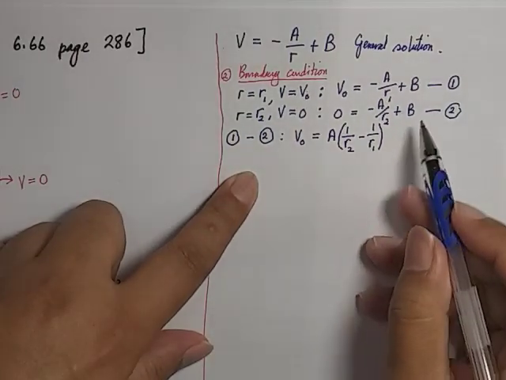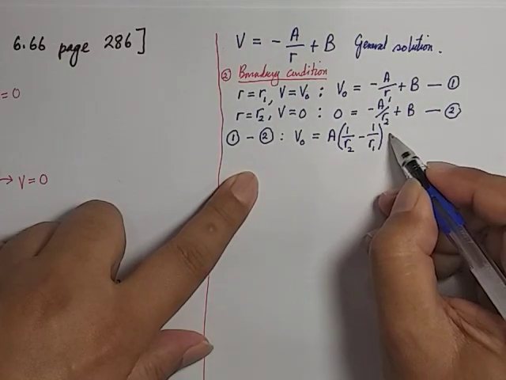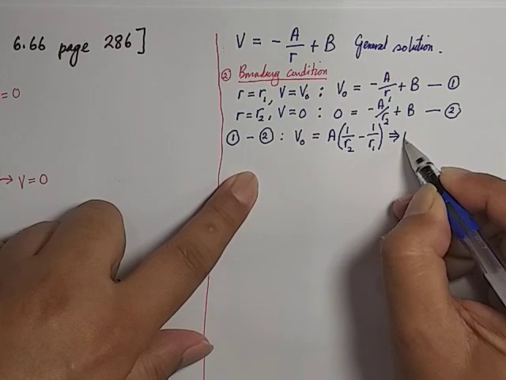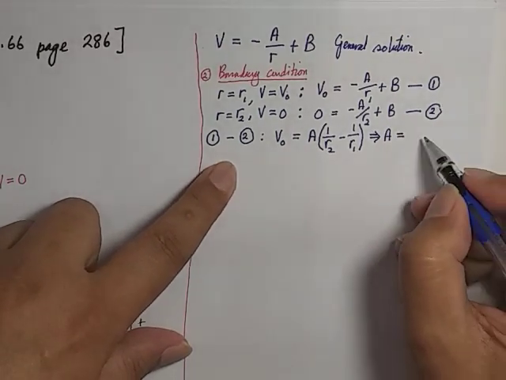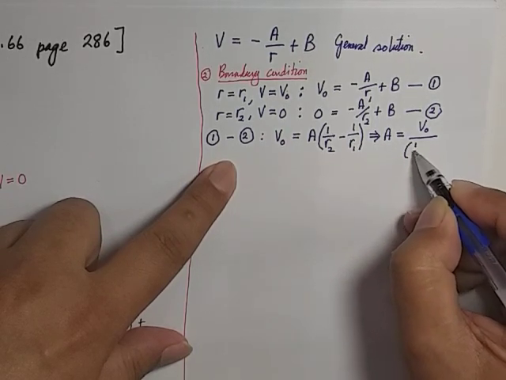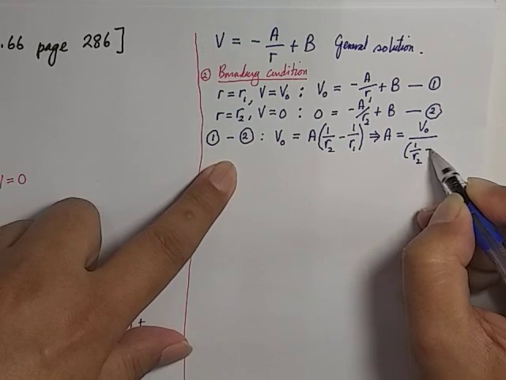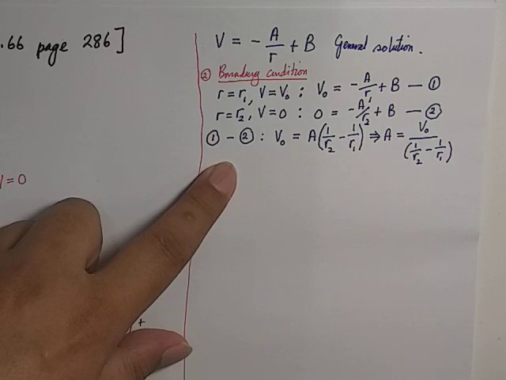So B is going to be cancelled out. So the constant A will be equal to V naught over 1 over R2 minus 1 over R1. We have solved for constant A.